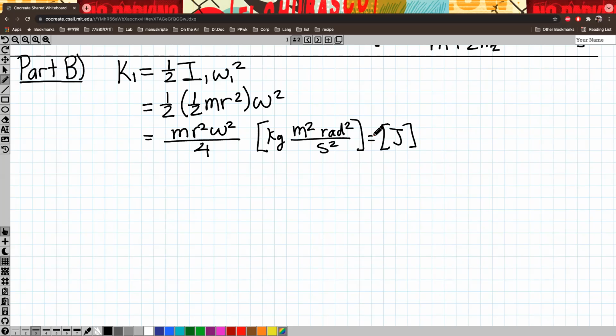That's just equal to joules. Radians are just measuring an angle. So I think it's okay to just say the kinetic energy is in joules. Well, kilogram meter squared per second squared, well, joules is what energy is. But we have radians squared here, but you don't have to worry too much about that.